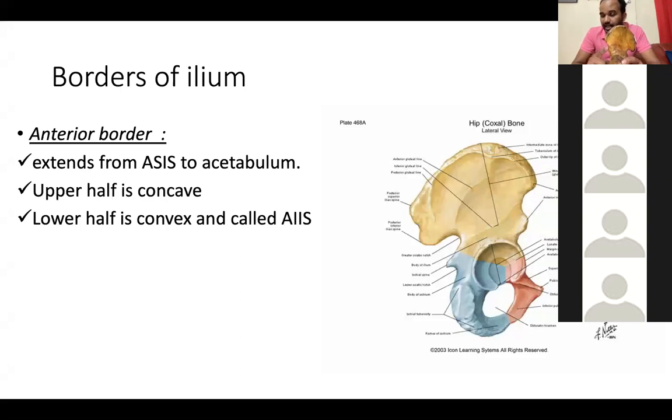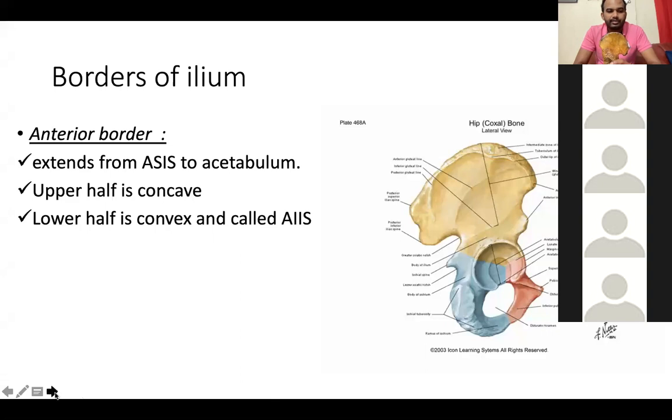The ligament is the iliofemoral ligament, which is the strongest ligament of the body and a ligament of the hip joint. The lower half is convex and called the anterior inferior iliac spine, AIIS.